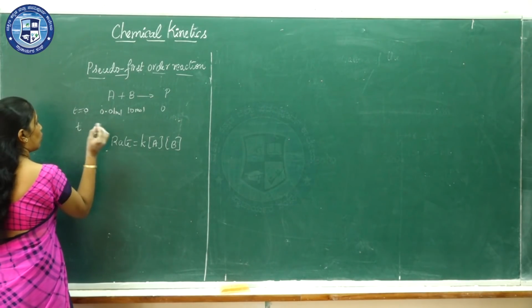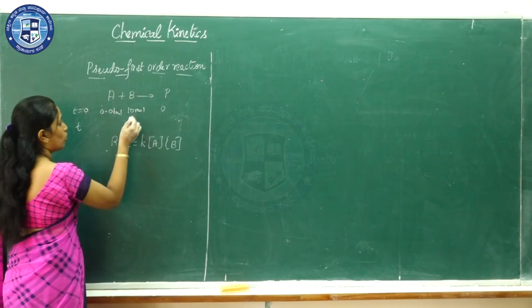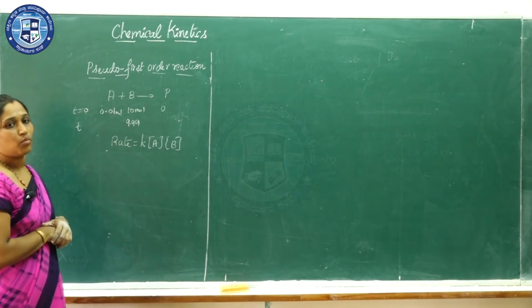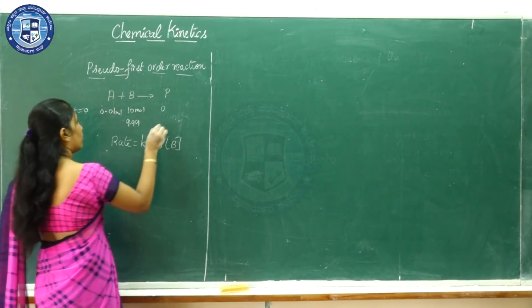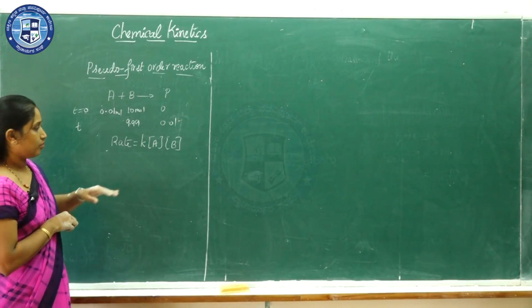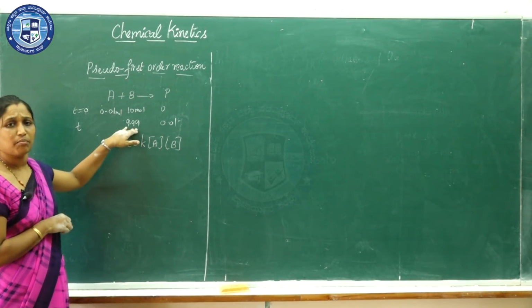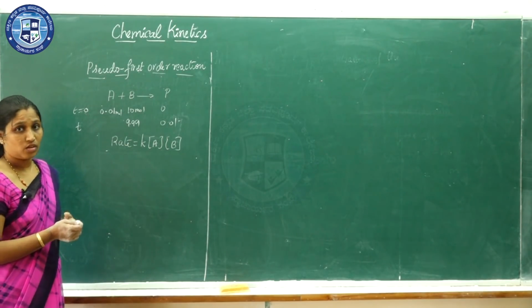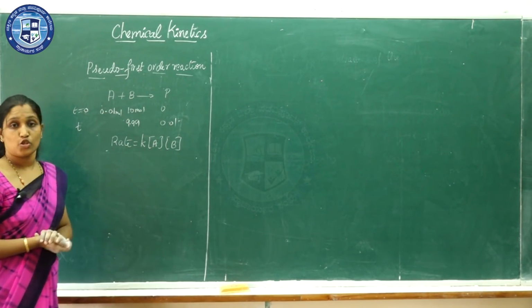After time t, what happens? A will get reduced. What about B? It will become 9.99, and A is 0.01 mole. So you can see, even after the reaction is complete, it does not make any considerable difference with respect to the concentration of B.